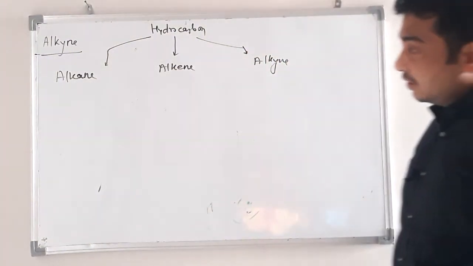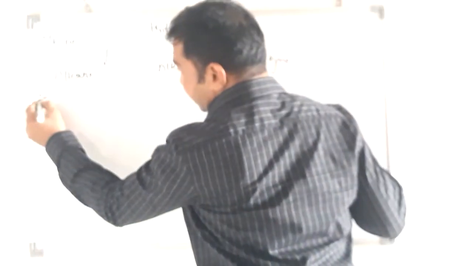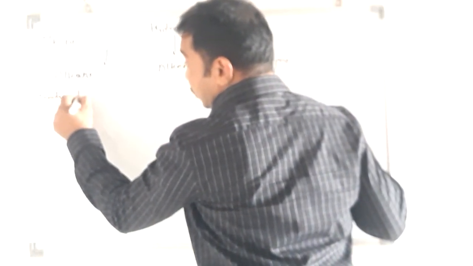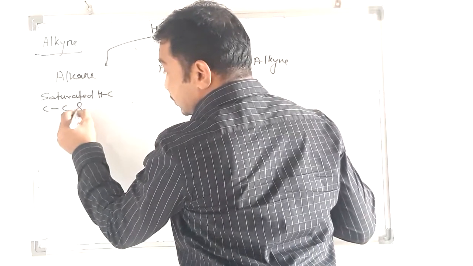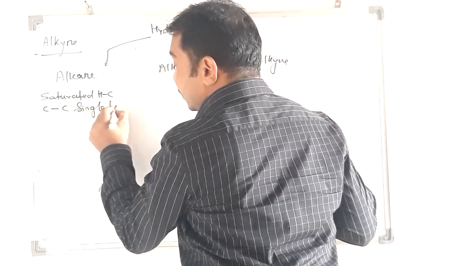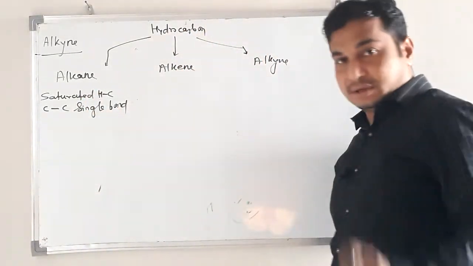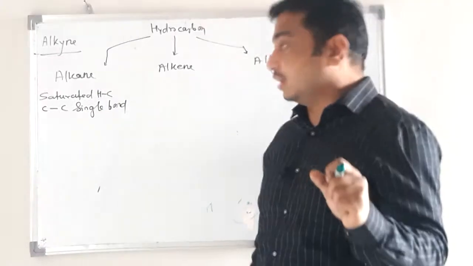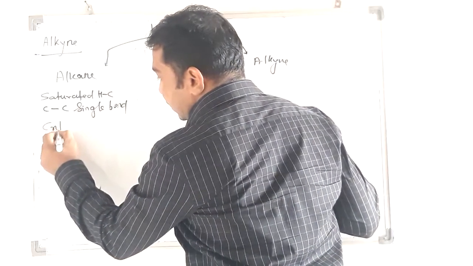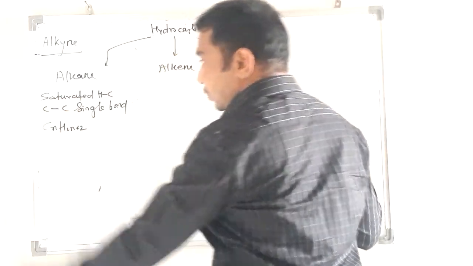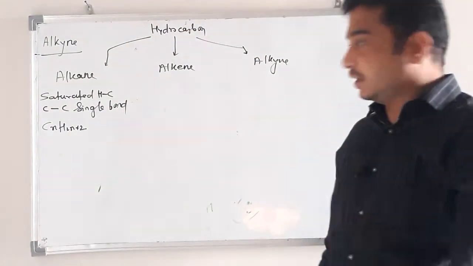So what is alkane? Alkane is a saturated hydrocarbon containing carbon single bonds, that is very important. The bond between carbon is always single in case of alkane, and it has general formula CnH2n+2. This is a short definition for alkane.